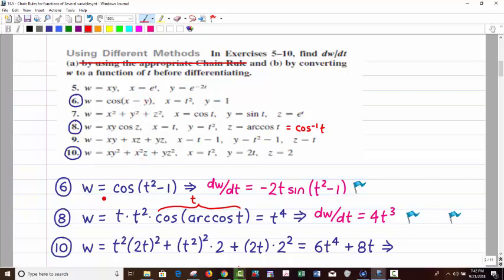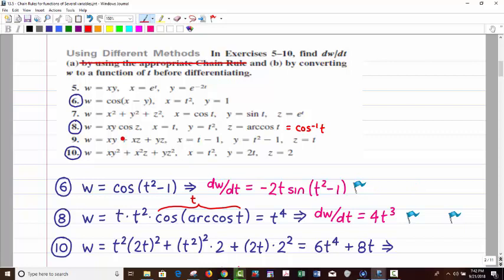And then w just becomes cosine of t squared minus 1, and then you can just take the derivative of that with respect to t. So dw/dt: the derivative of cosine is negative sine, and then you have to take the derivative of the inside, don't forget. That's going to be 2t, so I put the 2t out in front with a negative. So it would be negative 2t sine of t squared minus 1.